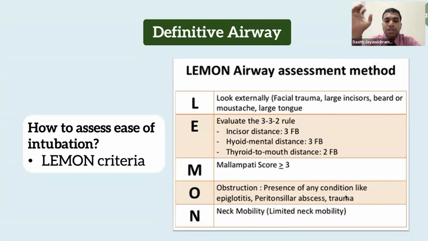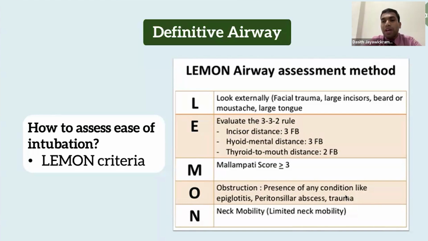And then O, we look for obstruction features, the presence of any foreign bodies in the oral cavity, whether there's blood or vomitus, all of which can cause obstruction. And then N, neck mobility. Imagine a patient with a very short neck.